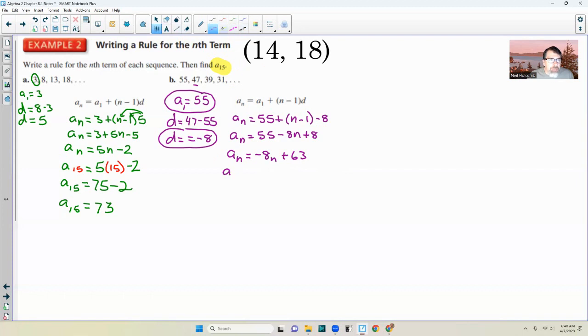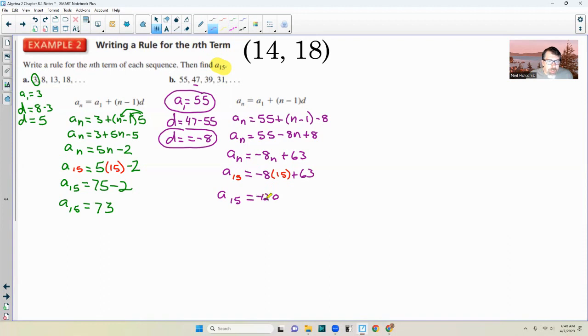And now I substitute in my 15. So a sub 15 substituted into this rule equals negative 8 times 15 plus 63. So a sub 15 is going to equal 8 times 5 is 40, carry the 4. 8 times 1 is 8, plus 4 is 12.